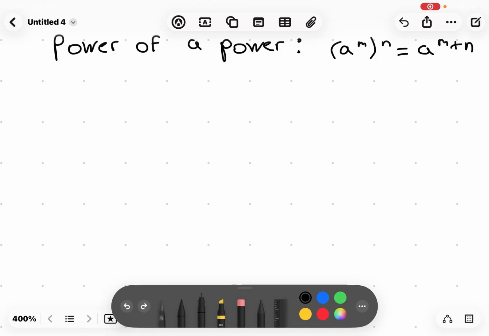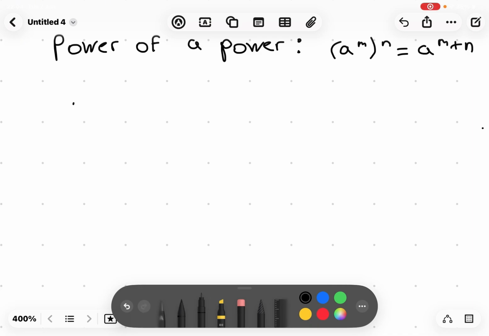I understand you might think, but this means times and times is plus. Maybe, but at the same time, no, because this is different. Over here, we were multiplying the numbers, and over here, we're dividing, the quotient.